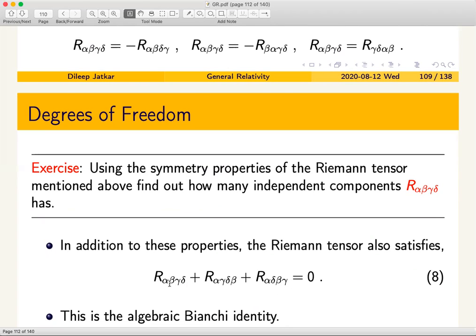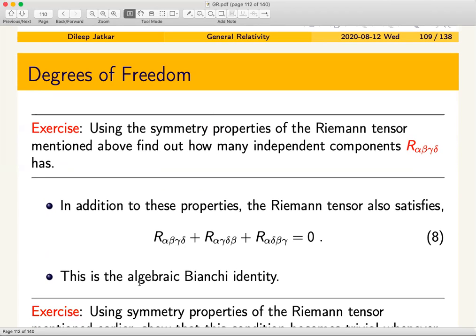This is basically holding alpha fixed and doing a cyclic permutation of beta, gamma and delta. If you do that, the sum of these three components of the Riemann tensor vanishes.